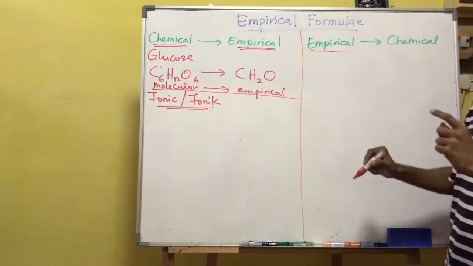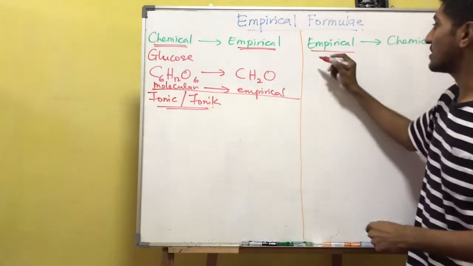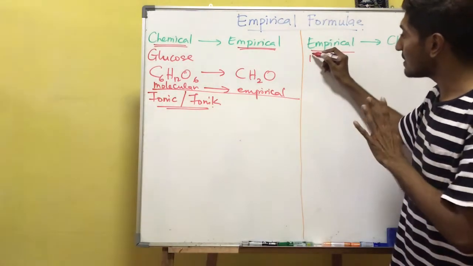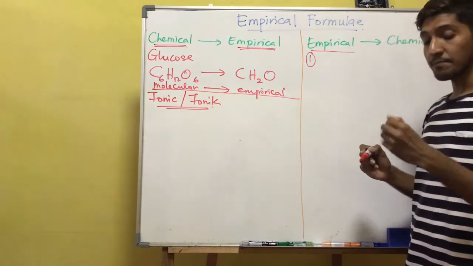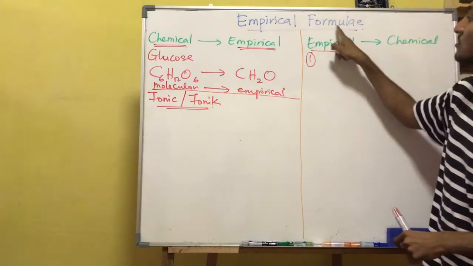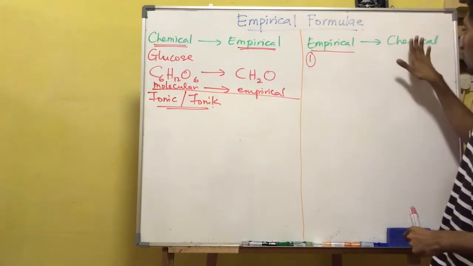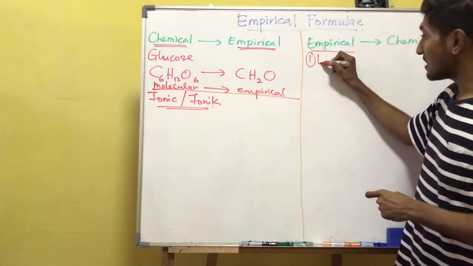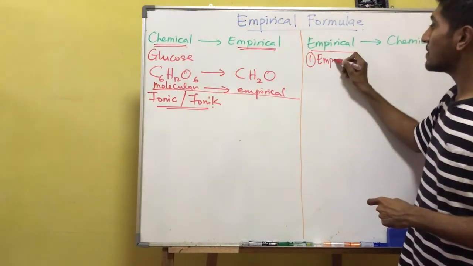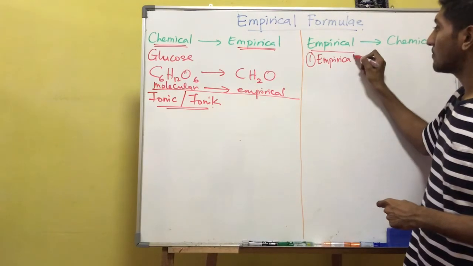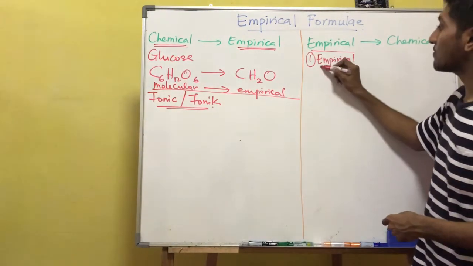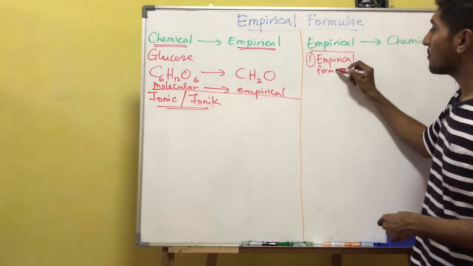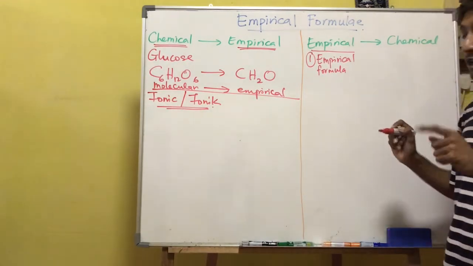Dia akan bagi 3 information. So, dia akan bagi 3 maklumat. So, there will be 3 information given to make sure that you can change an empirical formula to chemical formula. First, it must be the empirical itself. Right? It must be the empirical formula itself. Mestilah dia kena bagi formula empirik dia. Betul?